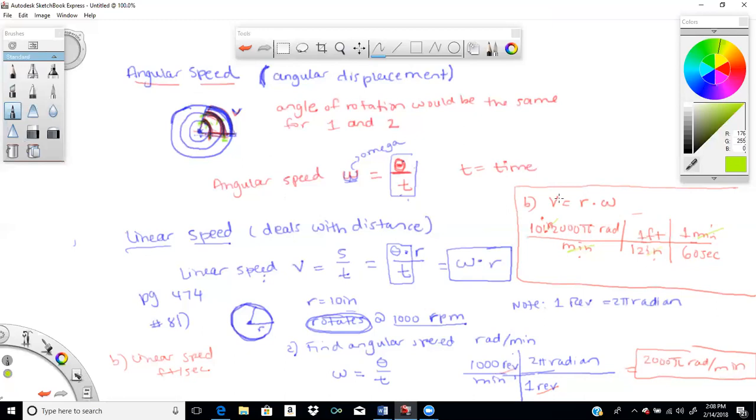You have 10 times 2,000, and I'm leaving in that pi still, and we'll multiply that by pi because we have to round the answer to the nearest hundredth.